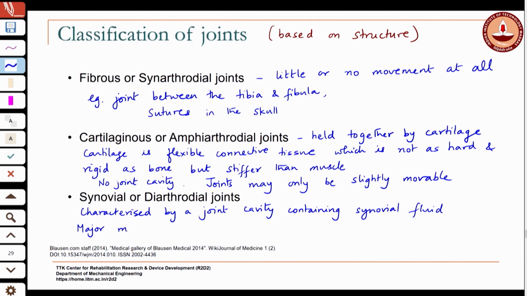They are lubricated joints which contain this lubricant in a joint cavity, and the major motion in the body occurs in these joints. They are freely movable, protected joints.